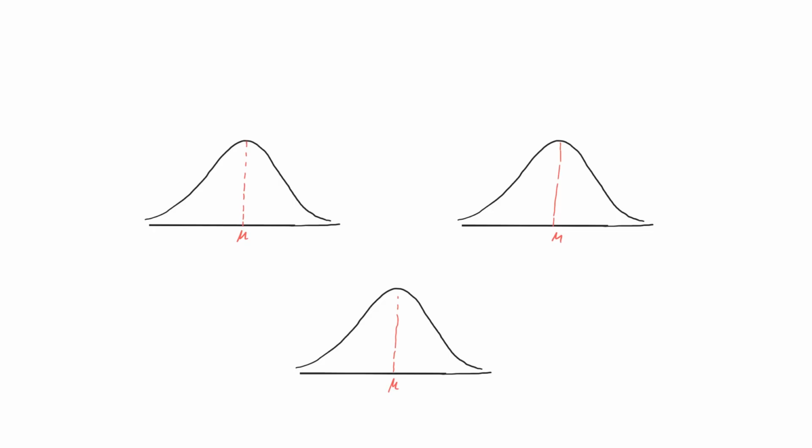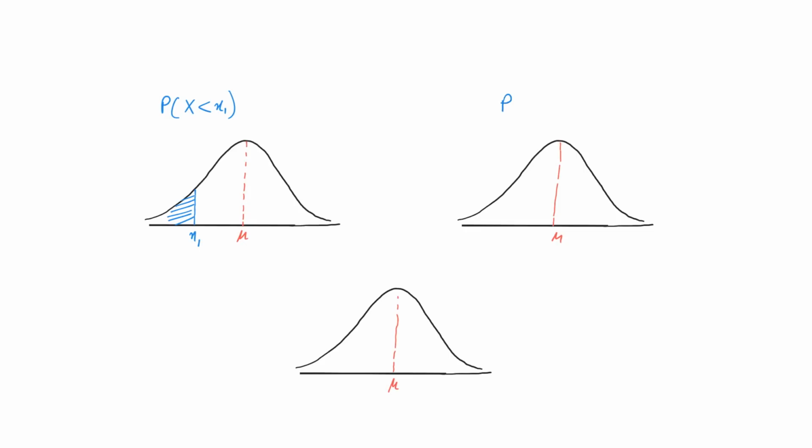Alright, so probabilities are given by areas under the normal curve. If you are asked to find the probability of x less than x1, and x1 is below the mean, which means x1 is over here, then this is the area that we are looking at.